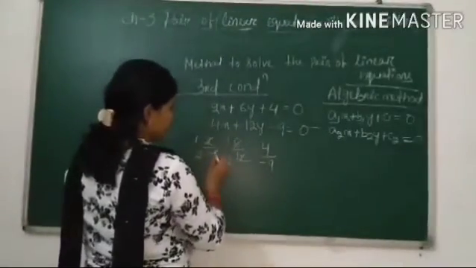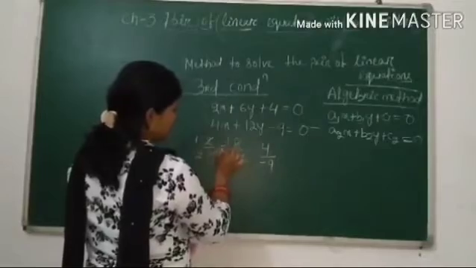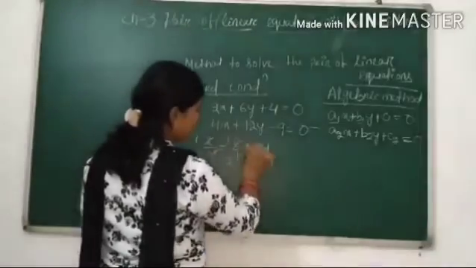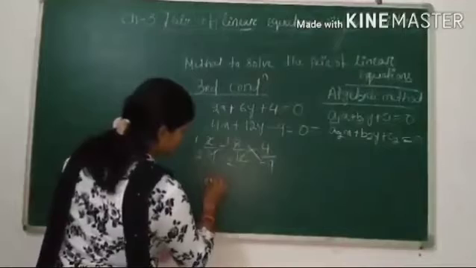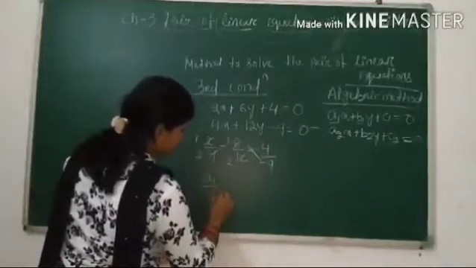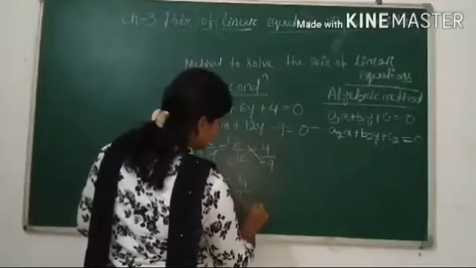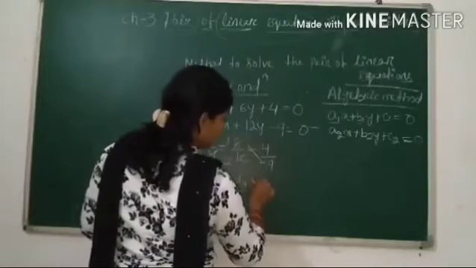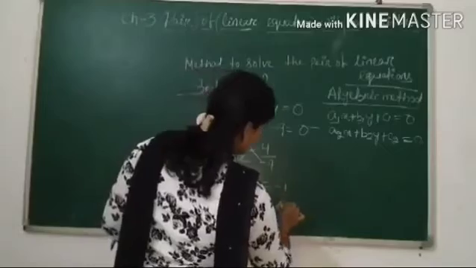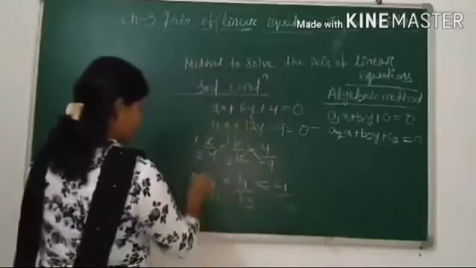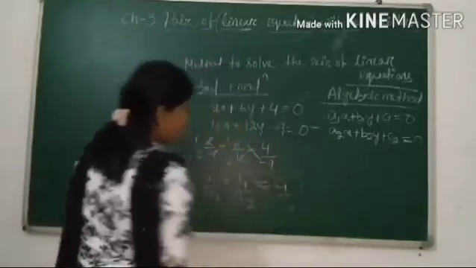So I can write that this one is equal to this one, is not equal to this one. So your condition is A1 by A2 should be equal to B1 by B2, should not be equal to C1 by C2. This is the condition.